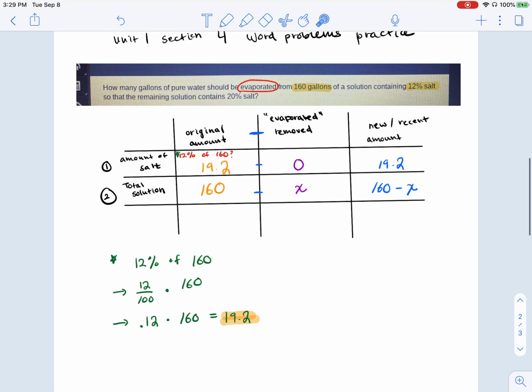So now we have my most recent amount of salt, which hasn't changed, and the amount of solution, 160 minus x. After the pure water's evaporated, we want to know how much water has to be evaporated in order for our salt to be exactly 20%.